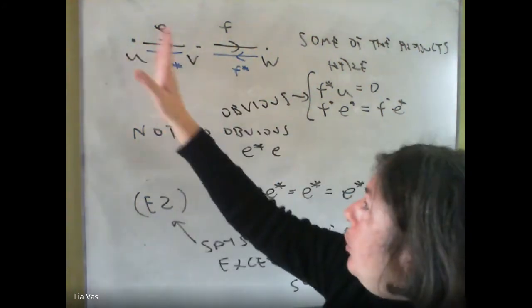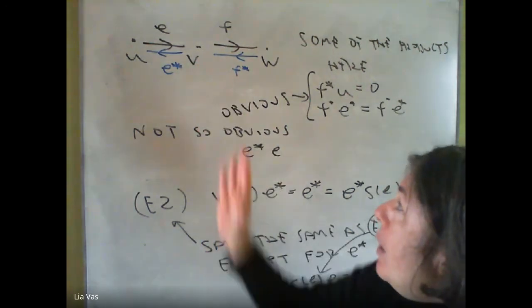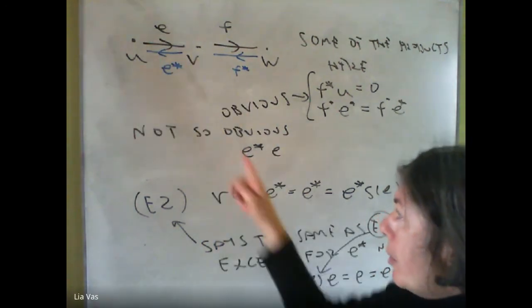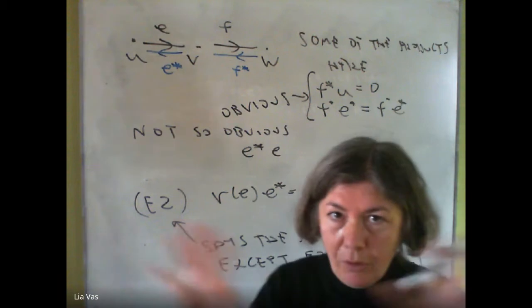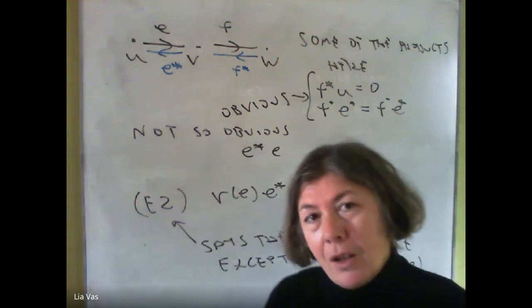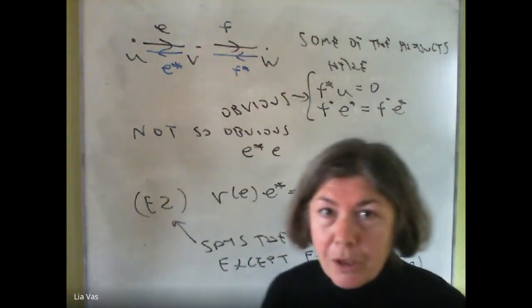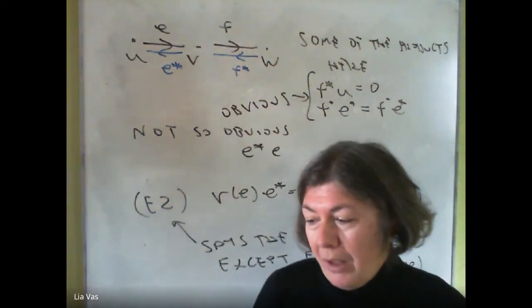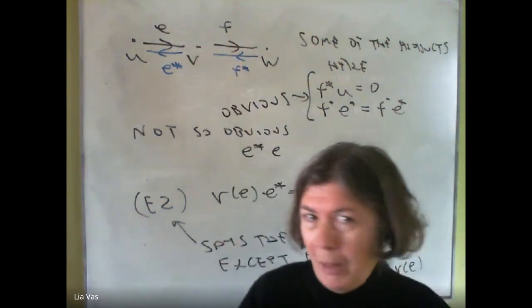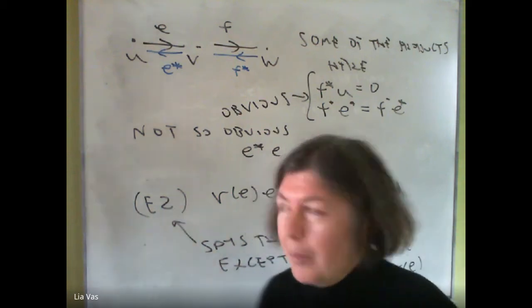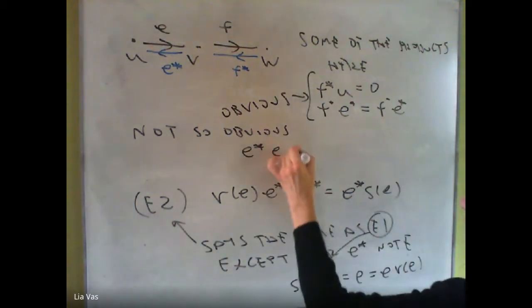Maybe it's equal to U, or maybe V, I don't know. Or maybe it is a new basis element not equal to anything. So the question here is, is this equal to something on this picture, or is it maybe just a new basis element? So this is not obvious.